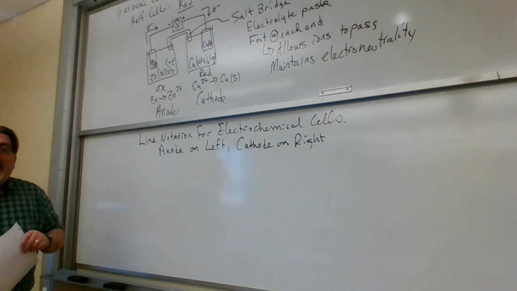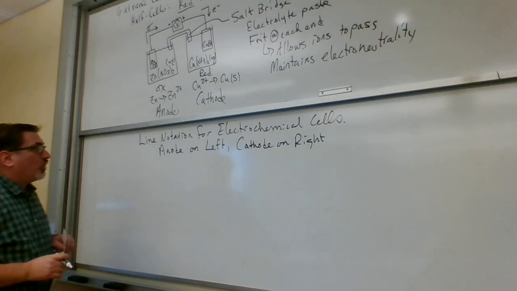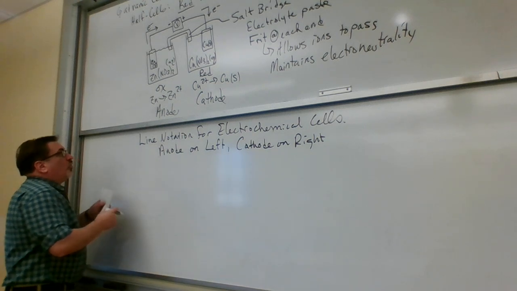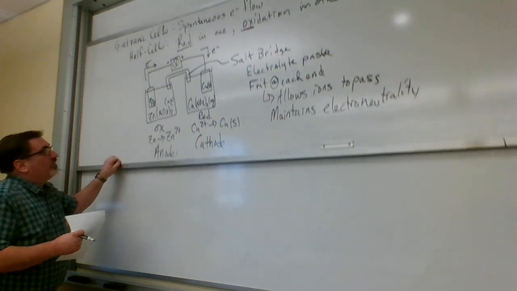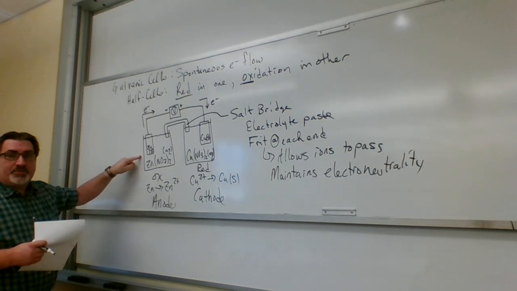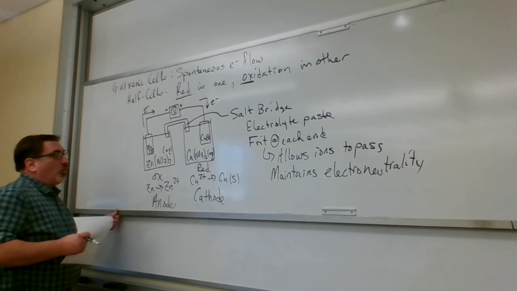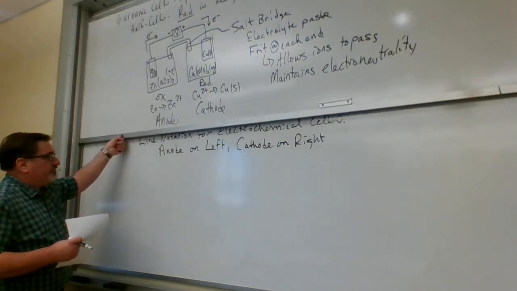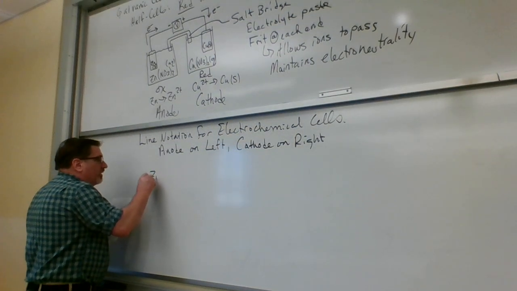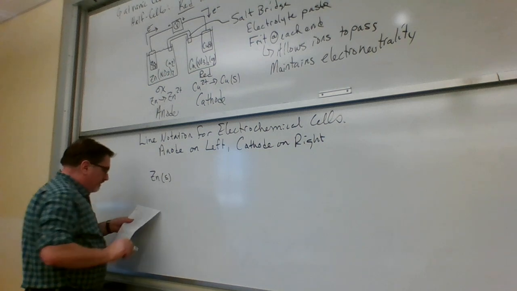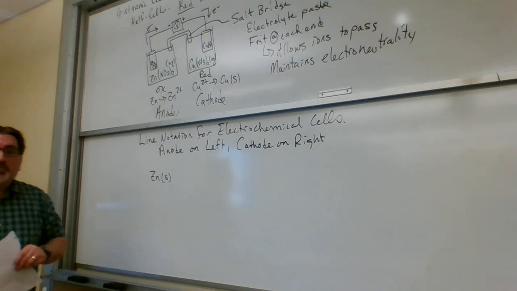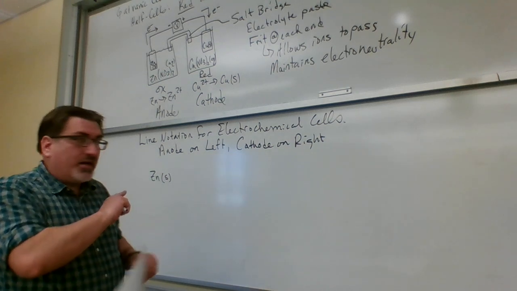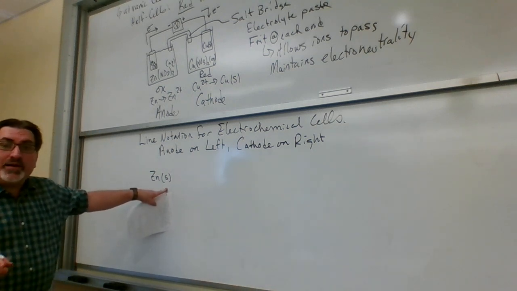So now we're going to write out the picture in word form. So what was happening on the left half cell was zinc was being oxidized. And we're going to write it in that order in our line notation. So Zn as a solid was oxidized to Zn2+. Now there's a phase boundary here because the zinc is a solid going to zinc aqueous.